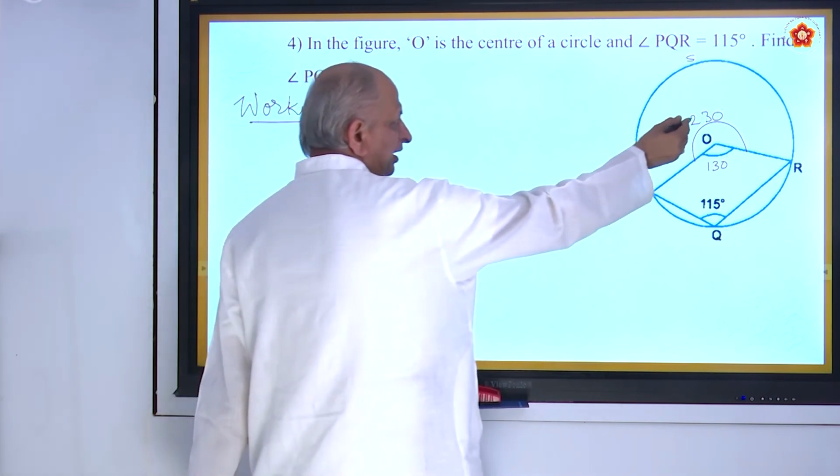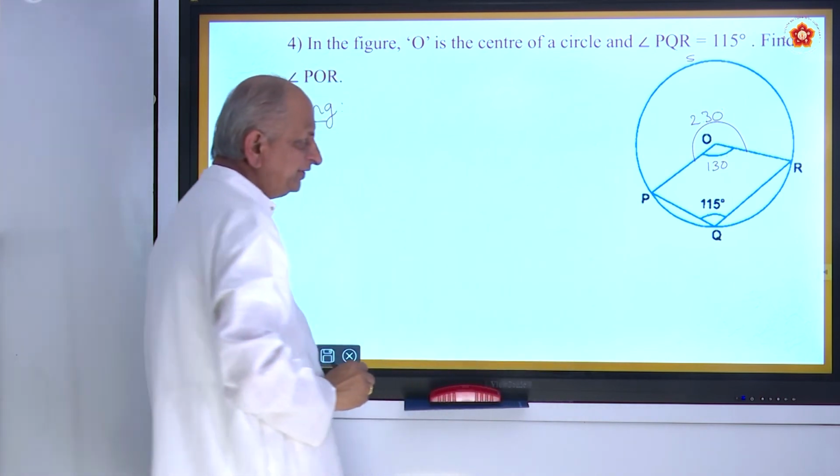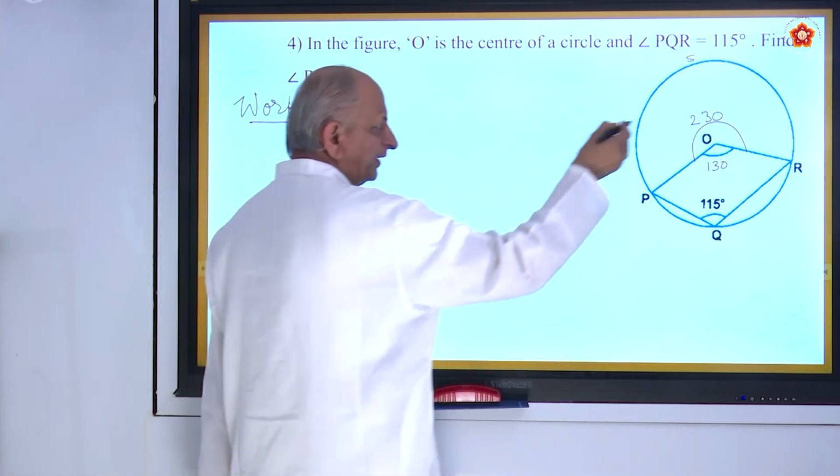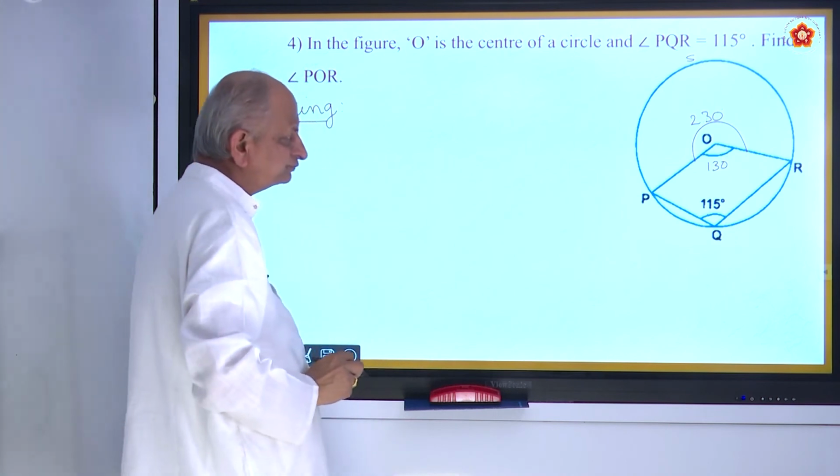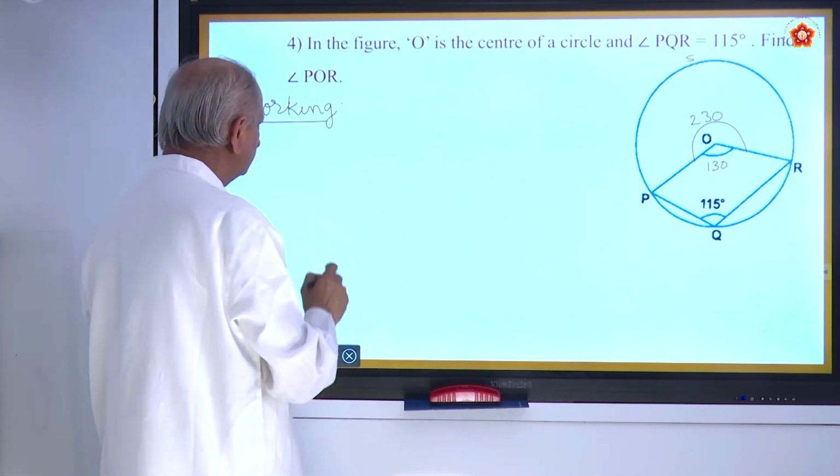And all the angles at a point sum to 360. So 360 minus 230 becomes 130. That's how you have to do it.